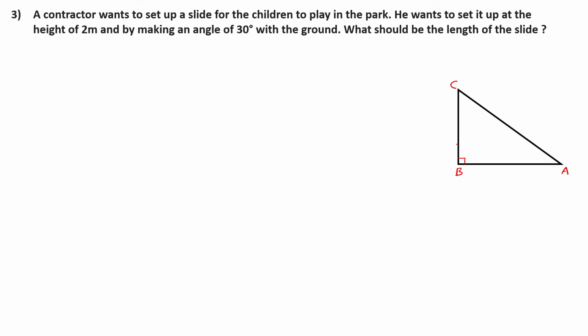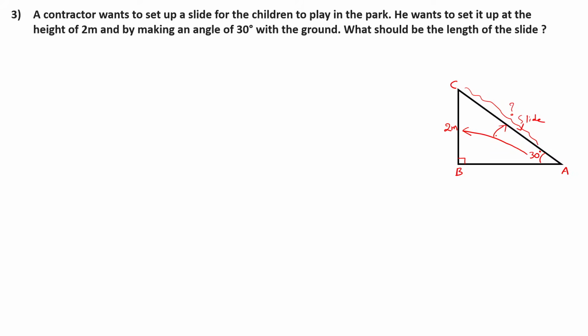Now from the figure, AC will be the slide. This is the slide. We need to find the length of AC. Whereas this BC height is given as 2 meters and the slide is making 30-degree angle with the ground level.